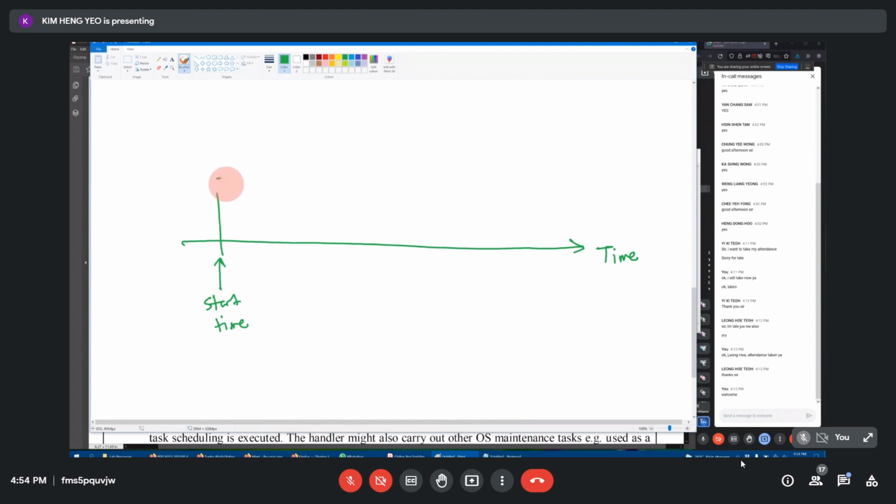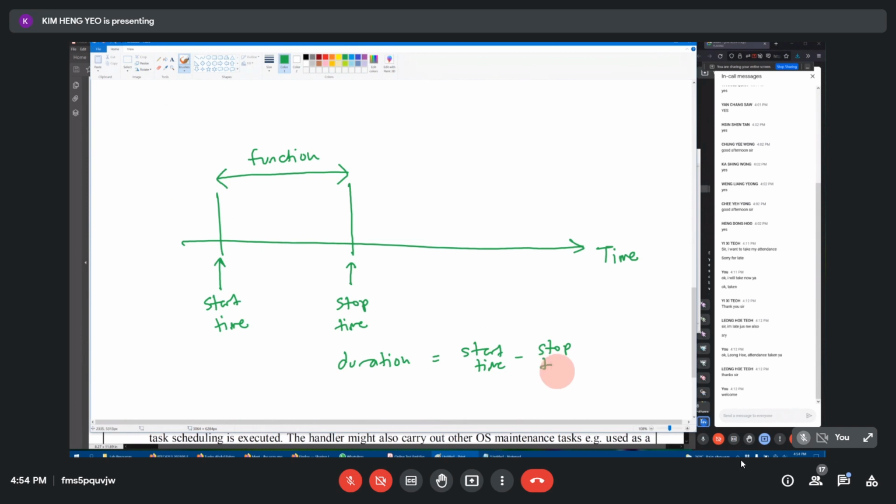Then this is the function. This one is the stop time. So when the function stops, then I measure the stop time. So then my duration is just equal to start time minus stop time.